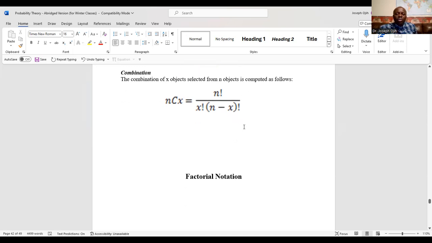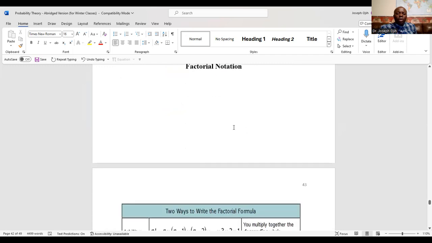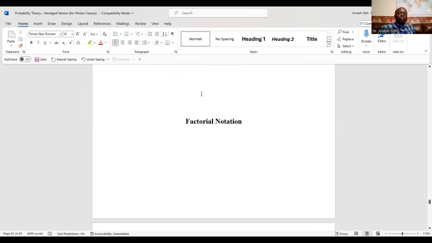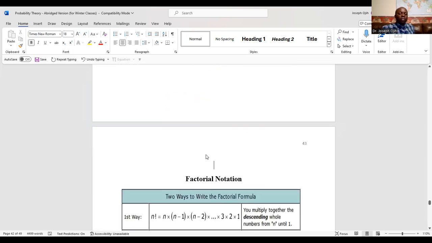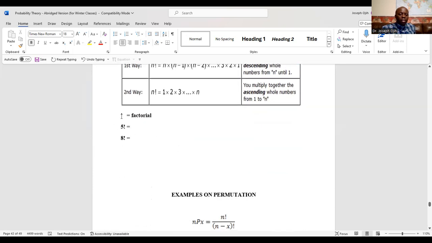And you hear me say factorial. What do I mean by factorial? You know that in the English language, we call this symbol here an exclamation mark. But in statistics, we call it factorial.